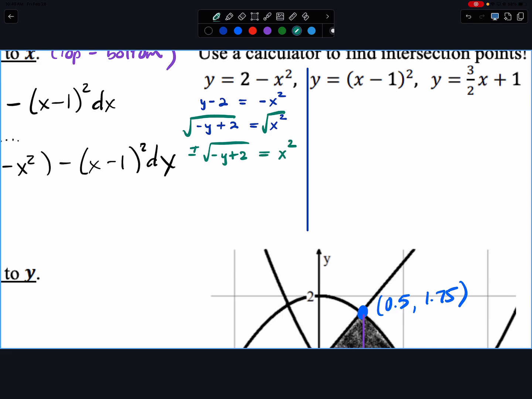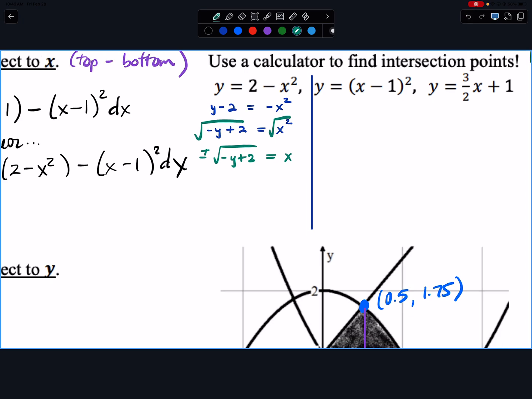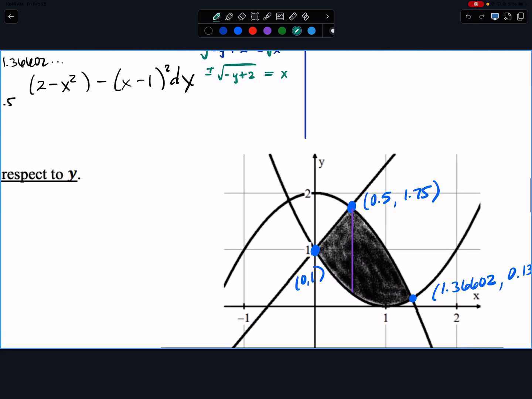Okay, so this is where this gets tricky. Our parabolas have a vertex, correct? So on one side of this is the negative square root of negative y plus 2. On the other side of this is the positive square root of negative y plus 2.